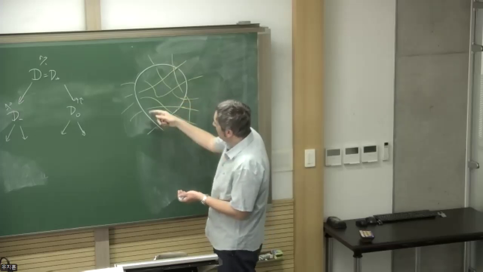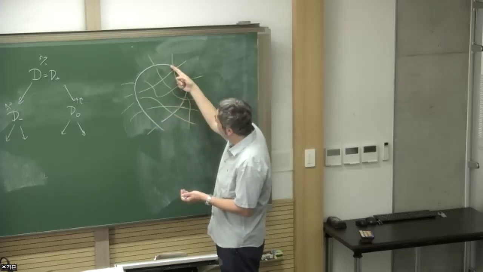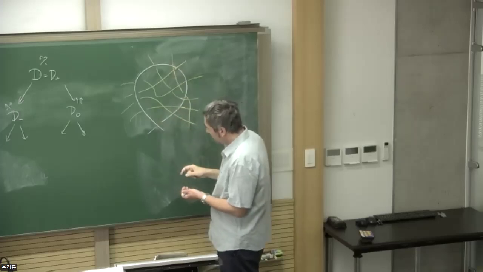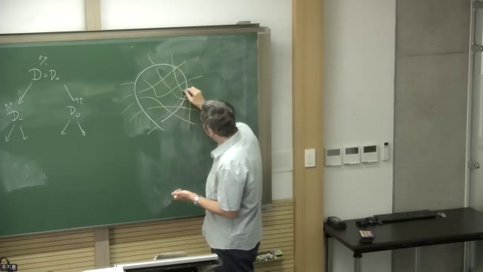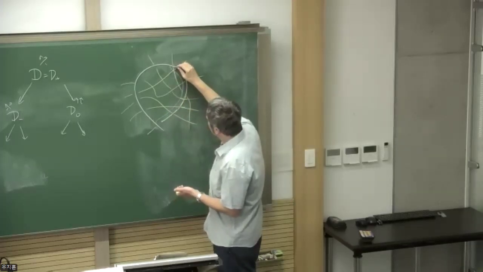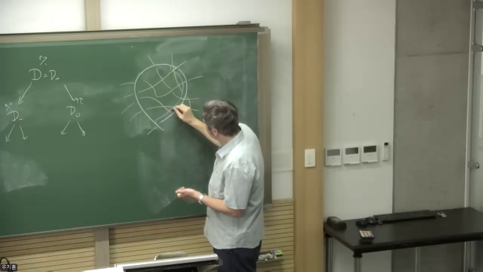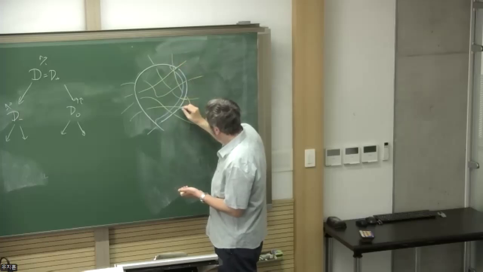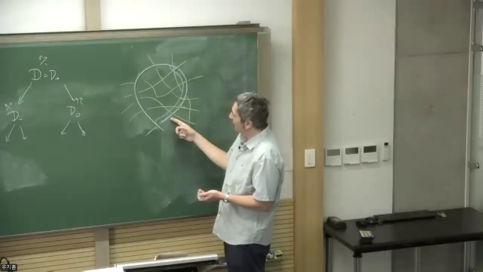I switch fewer times, so that this length is at least, or slightly more than, half of the total length. And then I can move this thing to go this way. And then instead of the white loop, I get this loop. But this loop now has fewer crossings.